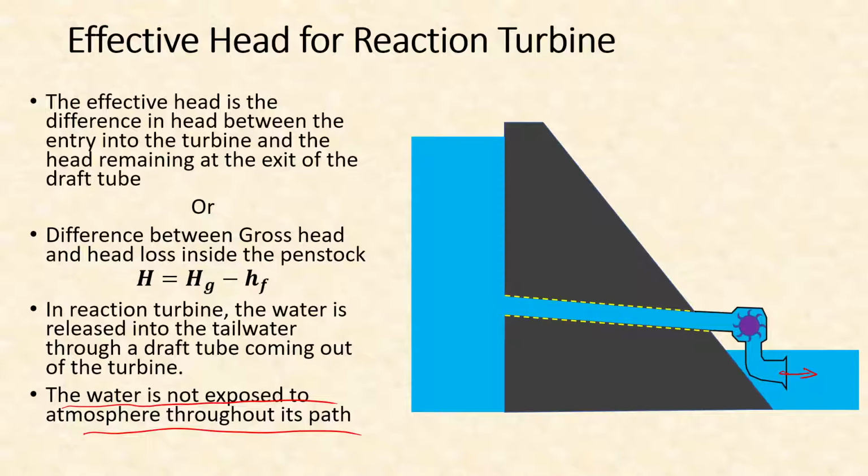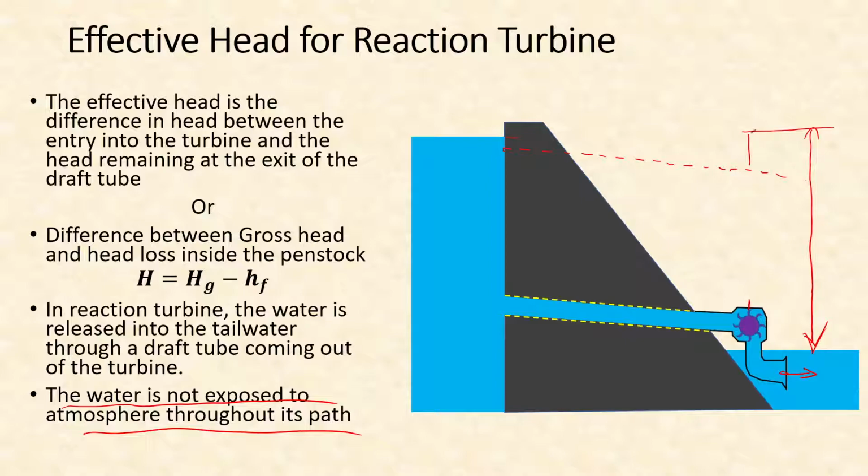So in this case, the gross head is this much, and from that we'll have to subtract the frictional head loss, which will be, as we already have seen in case of the other type, some head will be lost as it reaches the turbine.